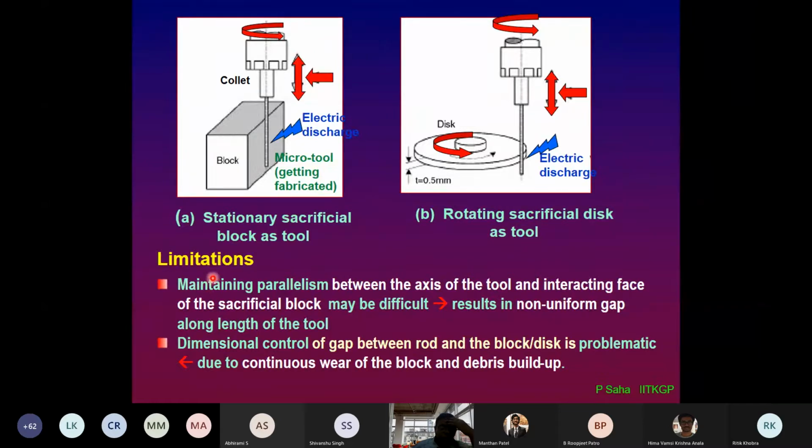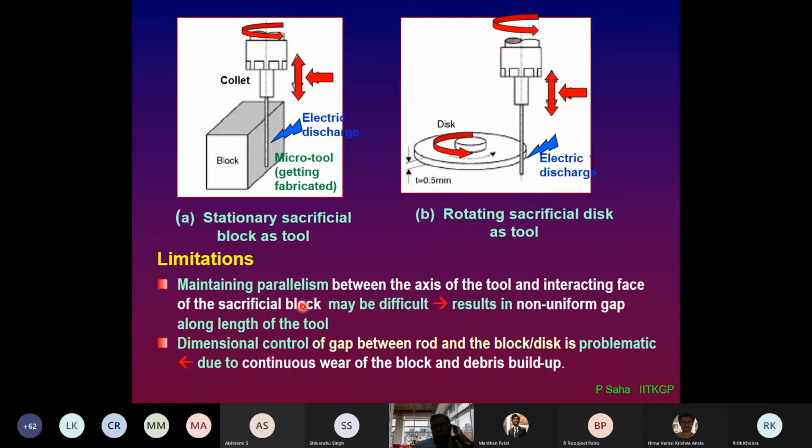But the main limitation is this: if you want to make it uniformly, what will be required? In the initial setting, this rod and this block surface should be parallel to each other. Otherwise, on the top side there will be some gap, on the bottom side there will be a different gap. What will happen if the gaps are different? Say in one case it may be 20 micron, in the other case 10 micron. So in one case a spark may start for a given voltage, in the other case a spark may not start, or even if the spark starts, the discharge strength will be different.